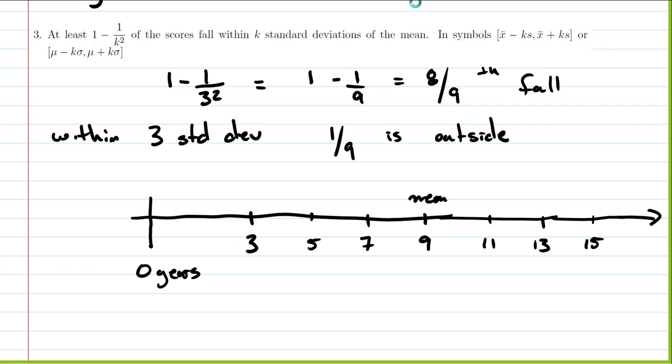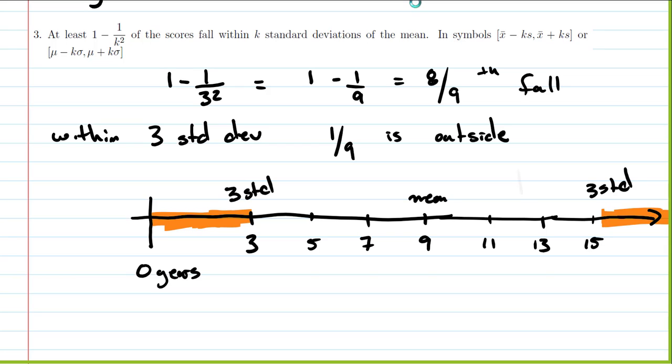So what we know is that outside 3 standard deviations, so this part and this part, we know that 1/9 of the batteries fall there. We don't know if that 1/9 is more than 15 years, or if that 1/9 is between 0 and 3, right? Because 3 standard deviations from the mean goes in 2 directions.